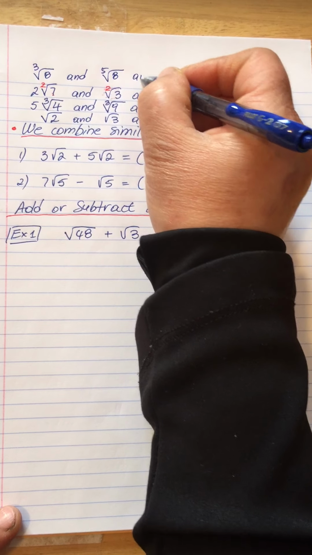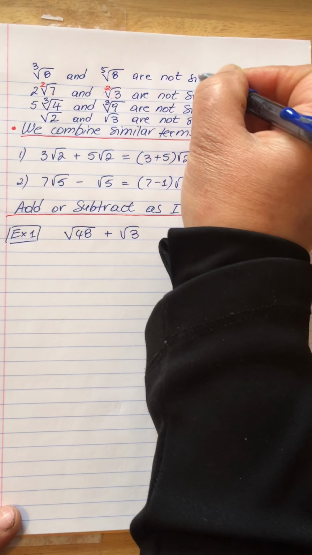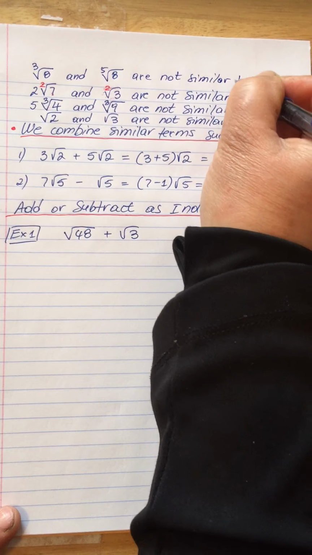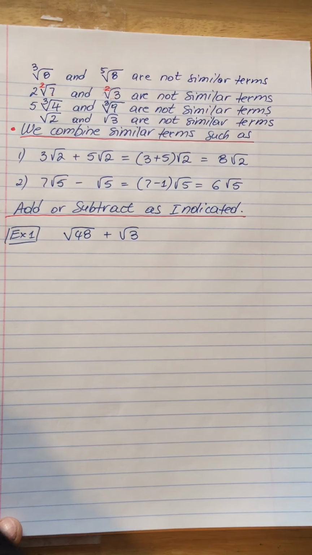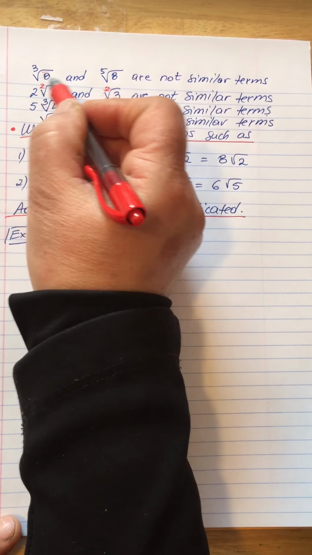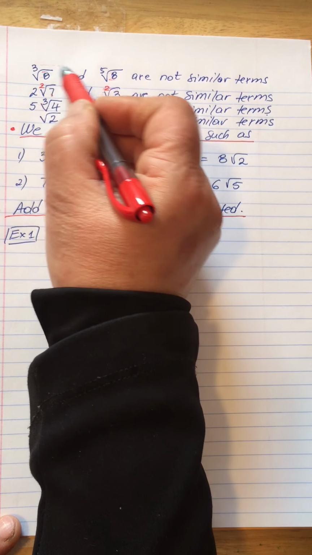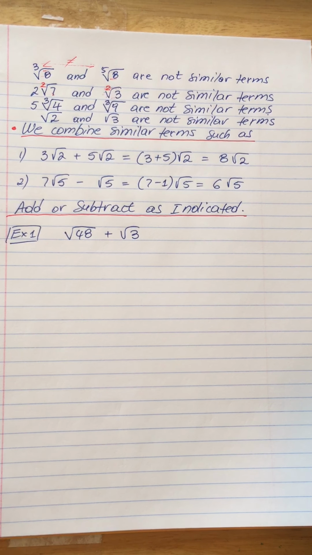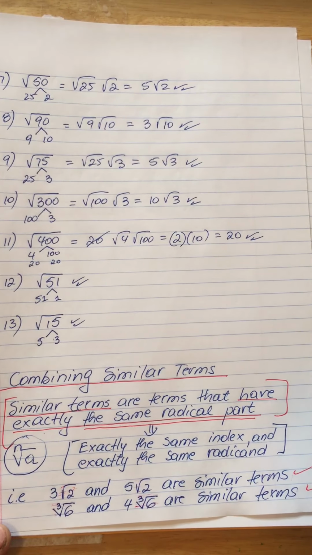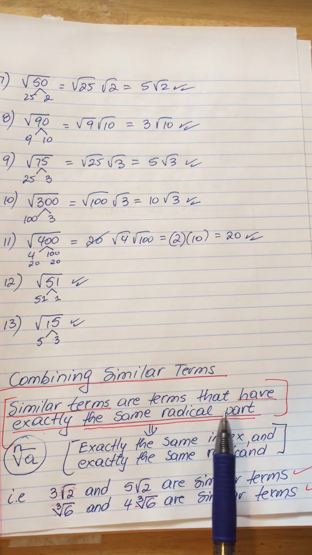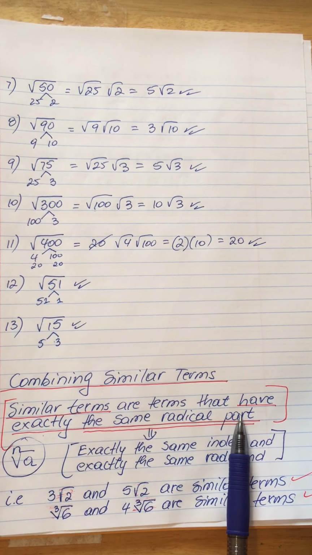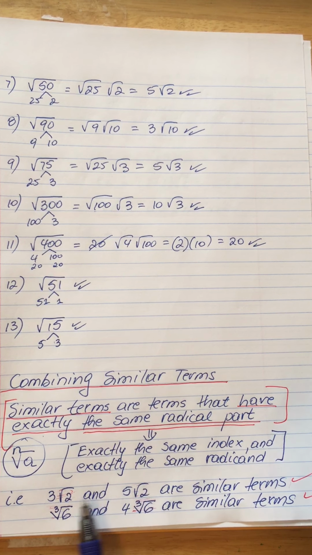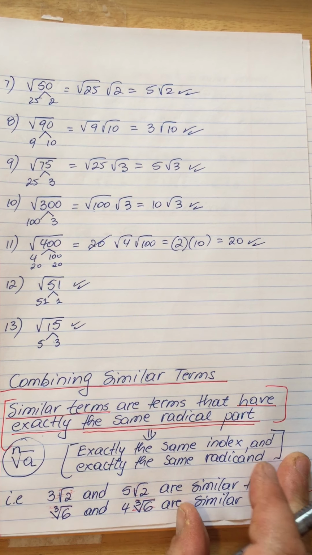So they are not similar terms. Why? They have the same radicand, but they have different indexes. So keep in mind, similar terms are terms that have exactly the same radical part. Okay? So the same index, the same radicands.